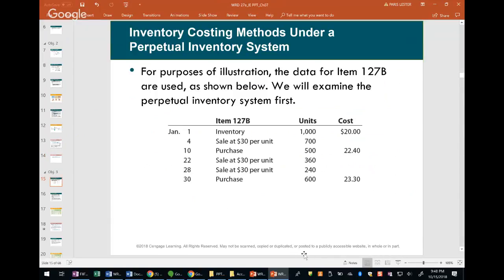All right. Now look at this. How many units do we have? How many did we sell? How many does that leave us? That leaves us 300 units at $20. All right, now we're going to purchase. Now we've got 500 units at what?